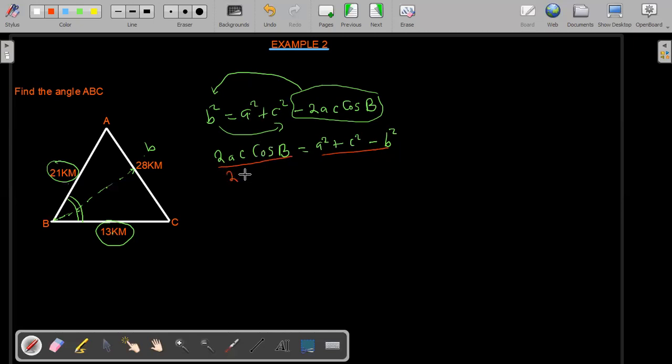So we are going to divide by 2ac, even here by 2ac. So this will cancel with that. We are now going to remain with cos B is equal to a squared plus c squared minus b squared over 2ac.